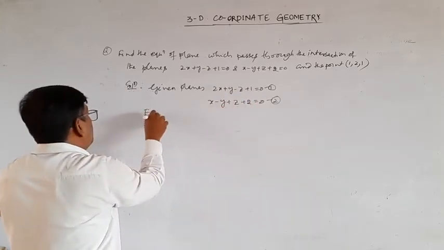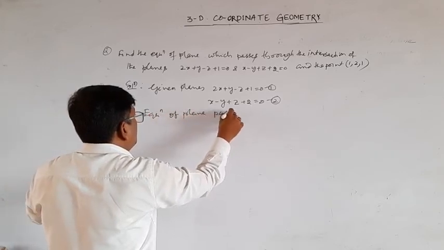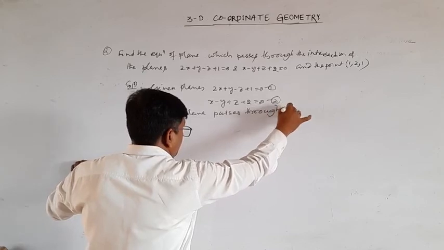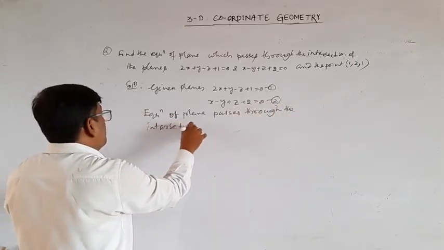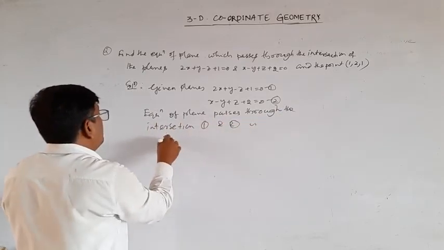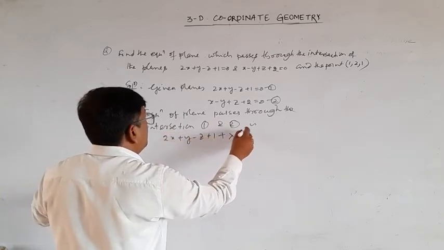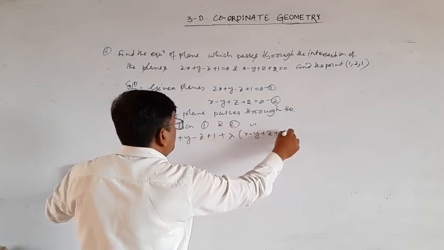The equation of the plane passing through the intersection of planes 1 and 2 is 2x plus y minus z plus 1 plus lambda into x minus y plus z plus 2 is equal to 0.